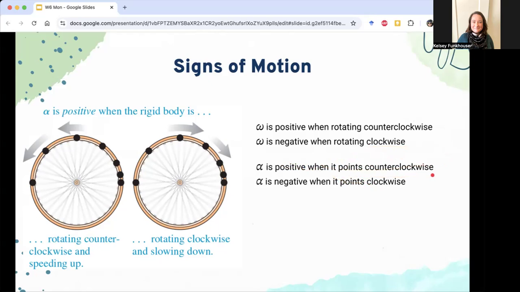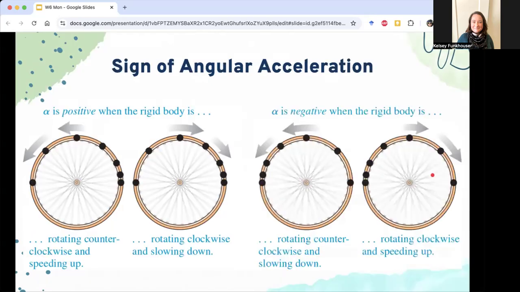But the thing to remember that makes it sometimes challenging, but we've done this with linear acceleration, is that you need to know what the direction of the angular velocity is, and then if we're slowing down, speeding up, or staying the same.